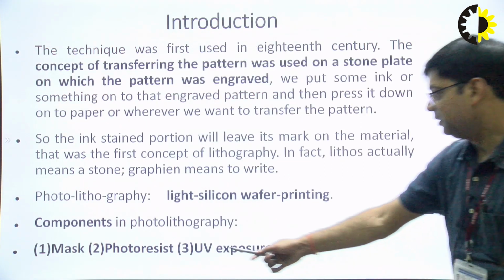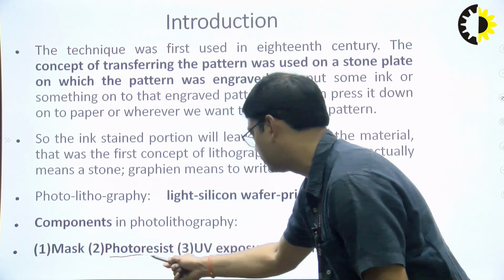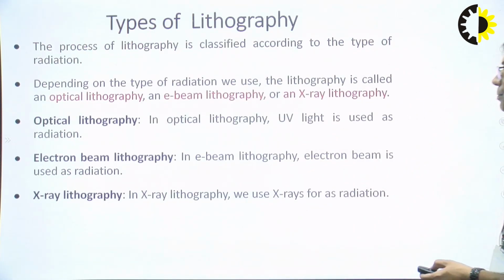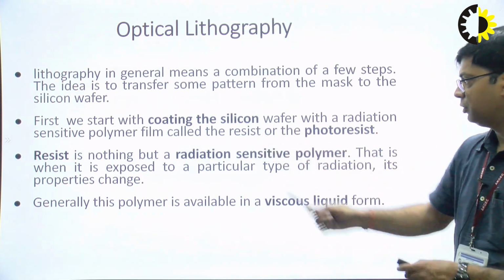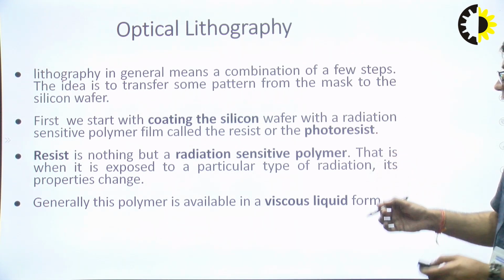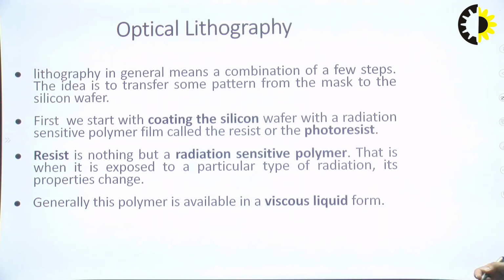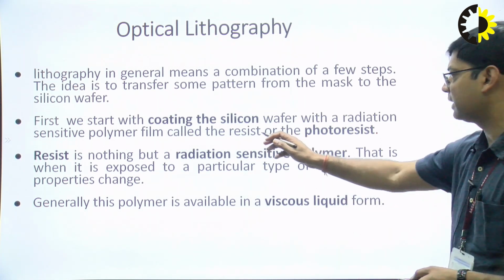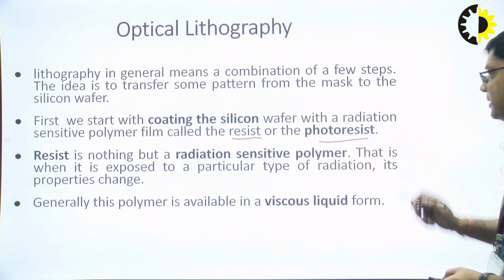We can see here, this is one of the components, the photoresist. So first of all, we coat the silicon wafer using a radiation sensitive material, and this material is called the resist or the photoresist.